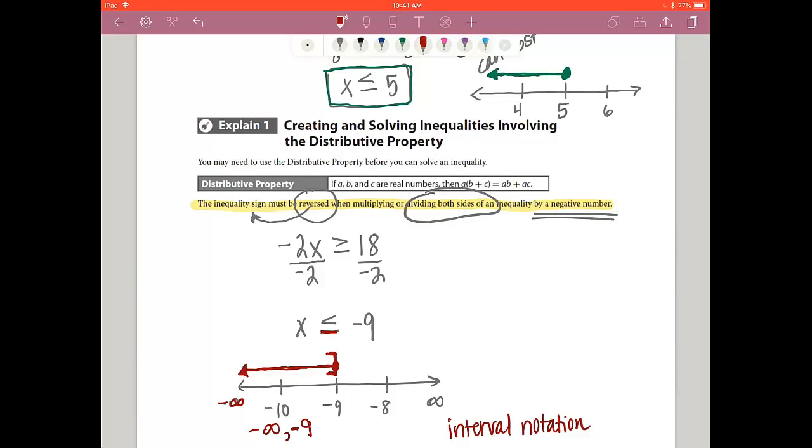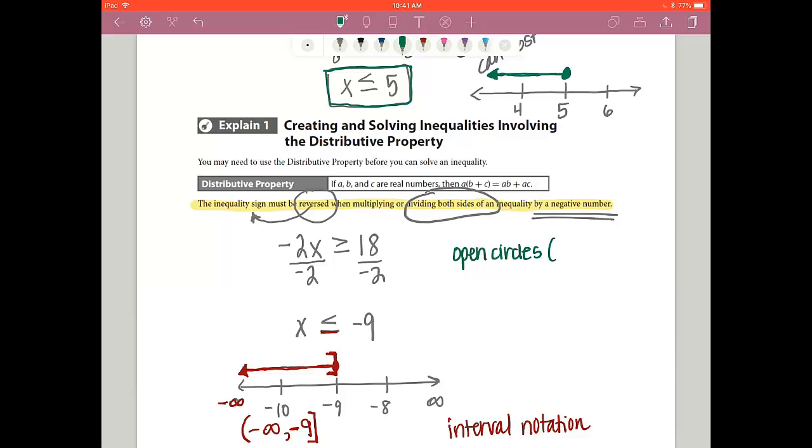And on the right, the graph ends at negative 9. Now, negative 9 is included, so it has a bracket. Negative infinity is not a number, it's an idea. So we can never close in on negative infinity, so it is a parenthesis.